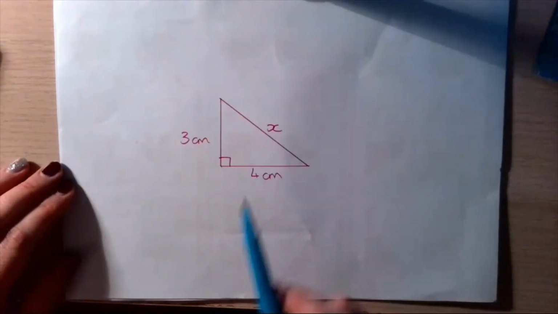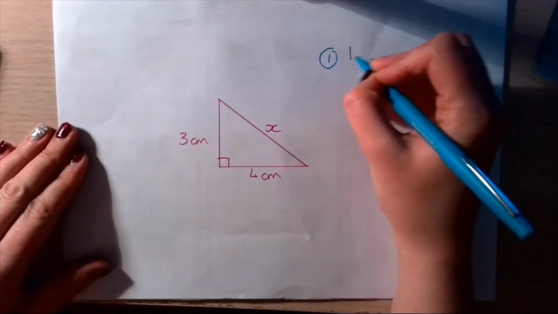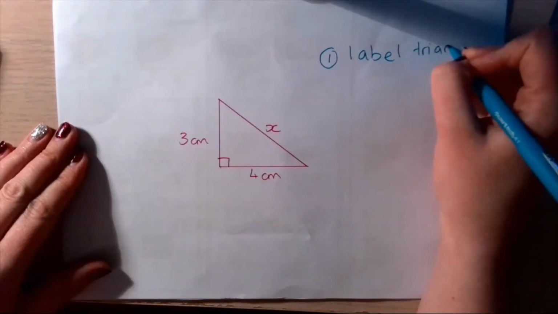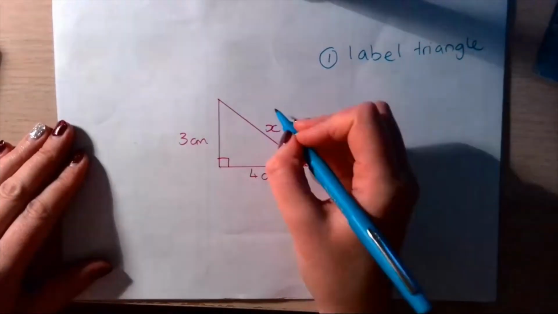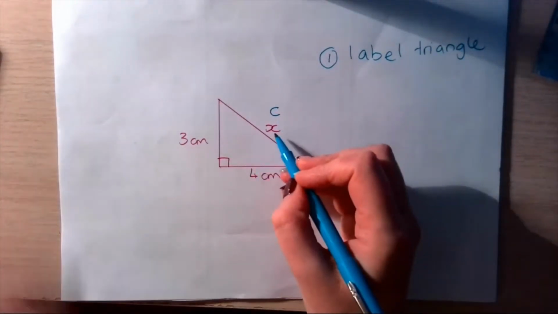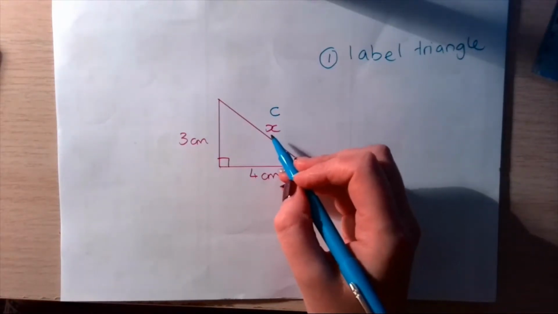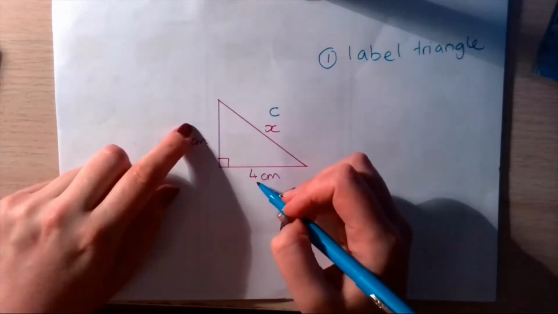Now the first thing that we do, step 1, label the triangle. The first side I'm going to label is c, opposite here. Now don't panic that there's already an x there. That's telling us that it's our unknown value. It might say x, it might say a, it might say b, and sometimes a and b are really confusing because we're going to use them over here.